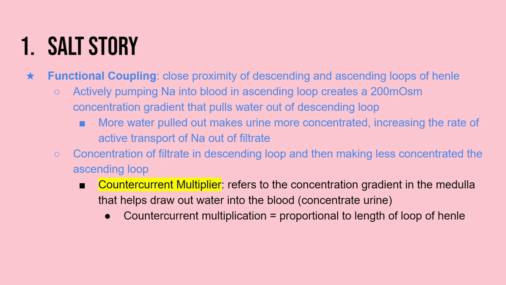And this is due to the close association between the descending and the ascending loop, and that's also known as functional coupling. So you're coupling these two units. Functional coupling.